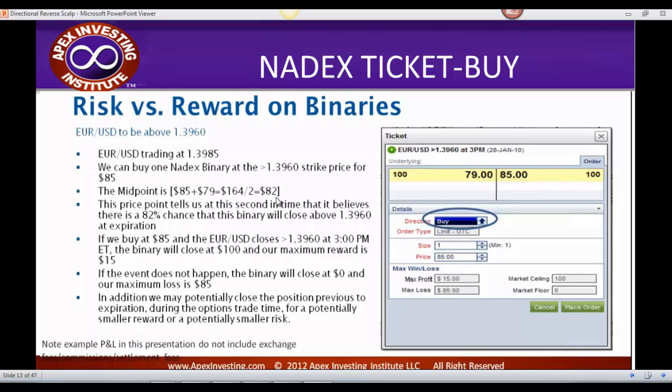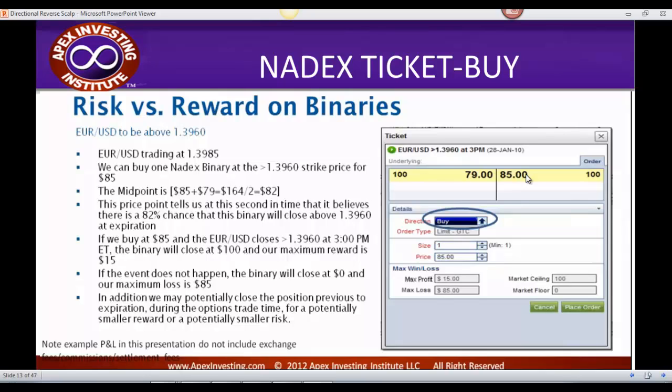All right. So what is a binary contract? Right here, this is an example of the euro dollar. What this is saying is that the euro dollar will be greater than 1.3960 at 3 p.m. So if I think that the euro dollar will be greater than 1.3960 at 3 o'clock, then I would probably want to buy this contract because I'm saying yes, that will be true.